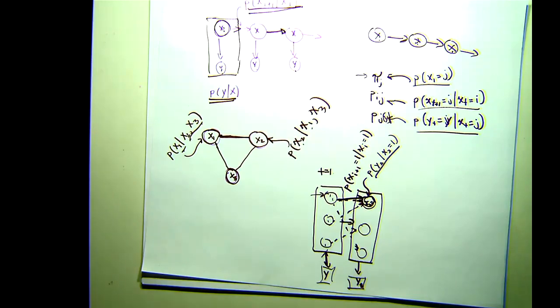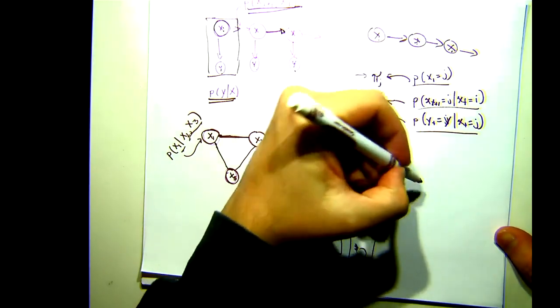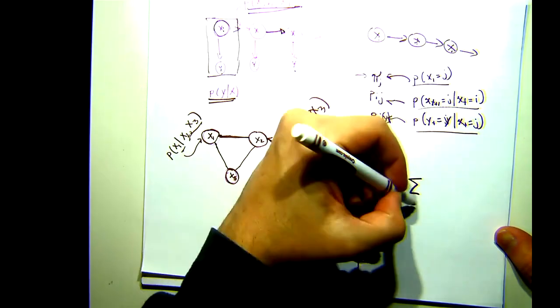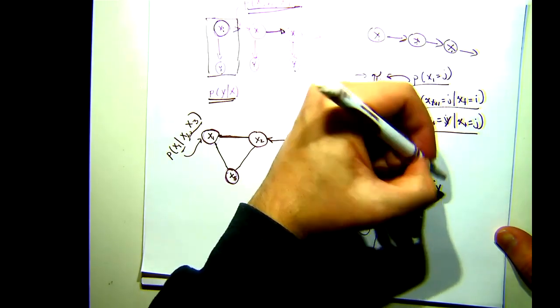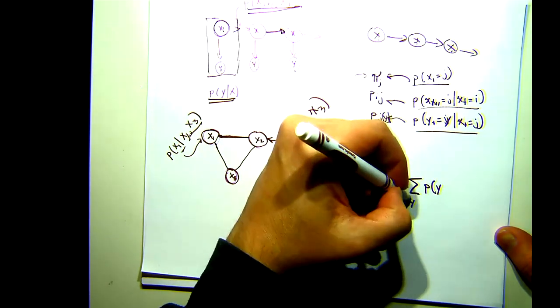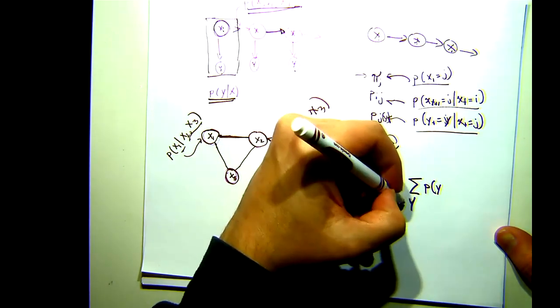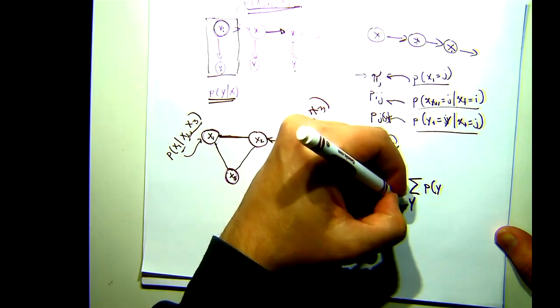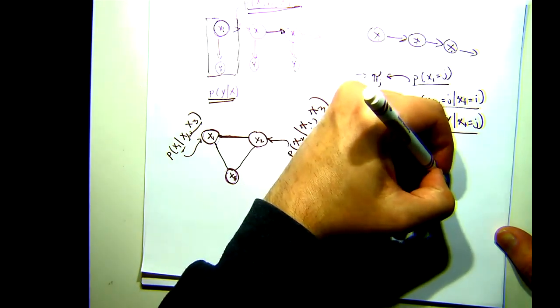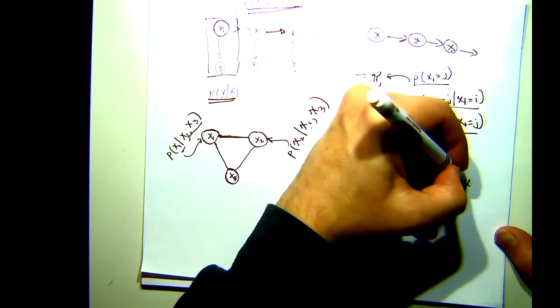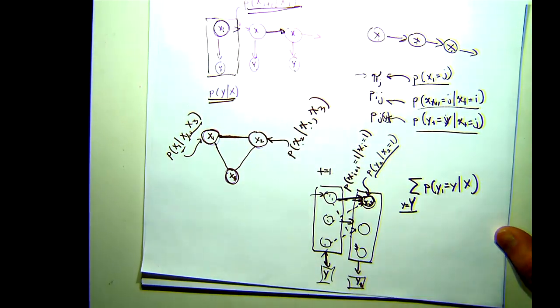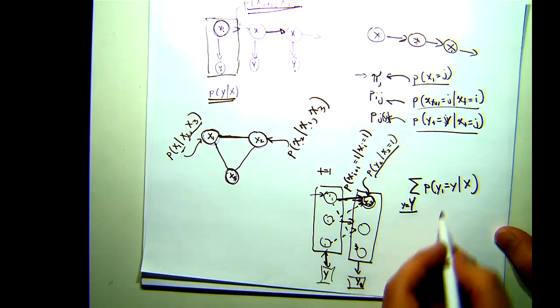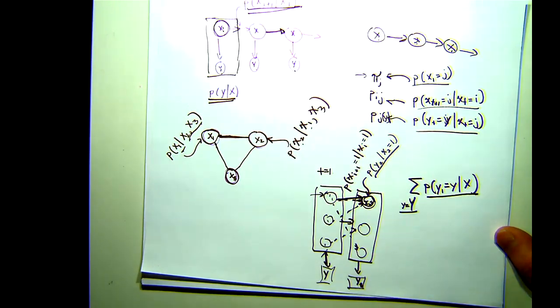So the sum over all y's of the probability of y equals y_i given some x will always equal 1. If you iterate over all the possible y's, because it's a distribution, it'll all sum up to 1.